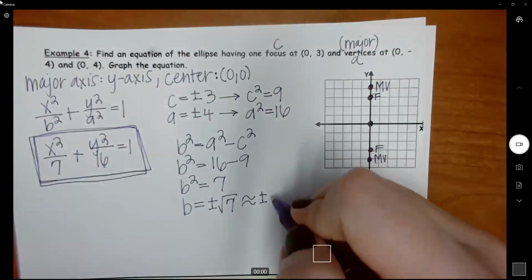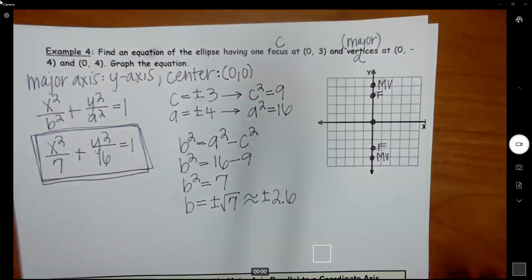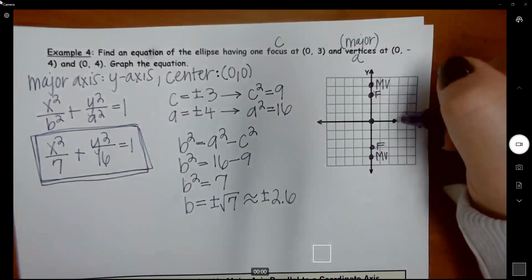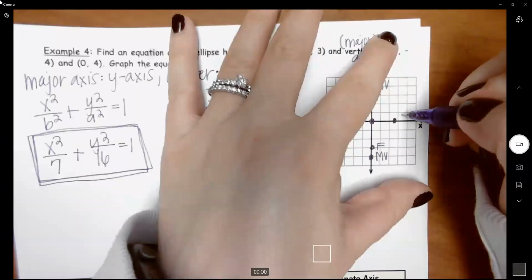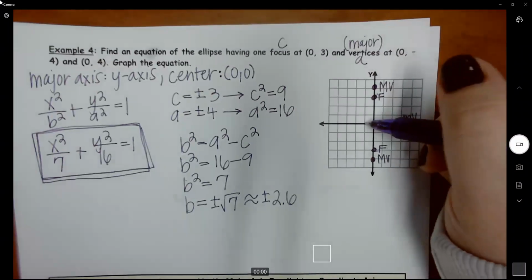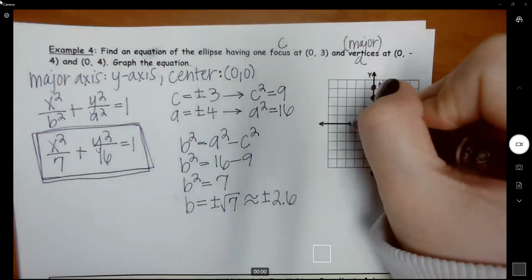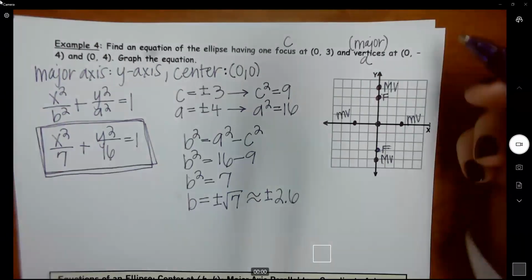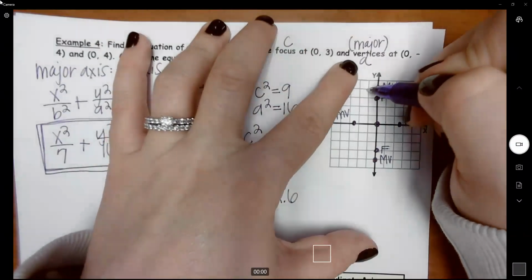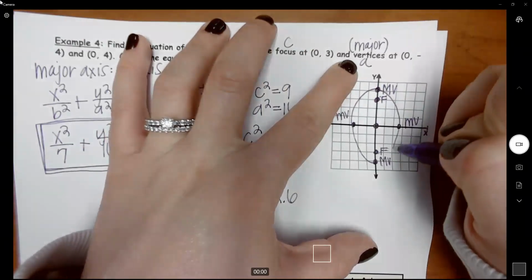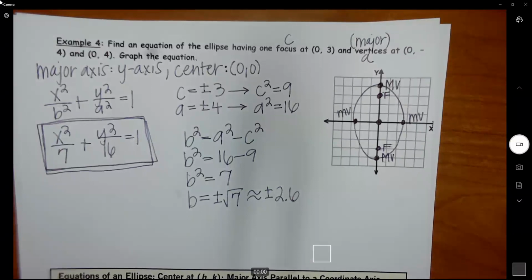So roughly 2.5 when we're graphing it, right? So we'll go 2.5-ish. That is my minor vertices, so lowercase m. And 1, 2, and some change in my other minor vertices. So now that I have all my vertices, now I can graph, and that's a darn good ellipse.